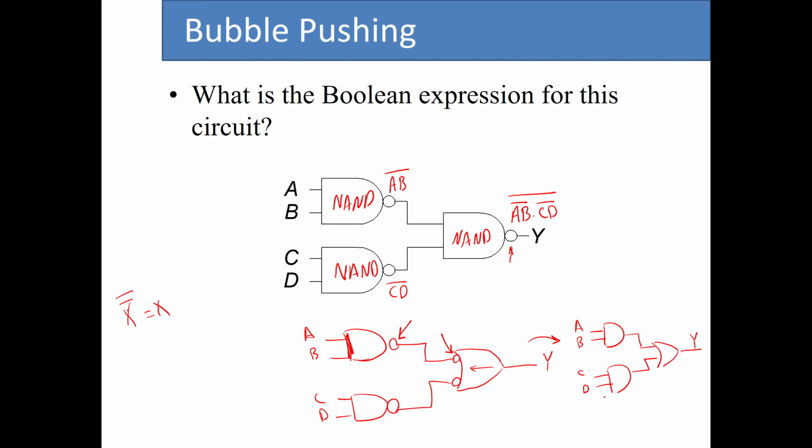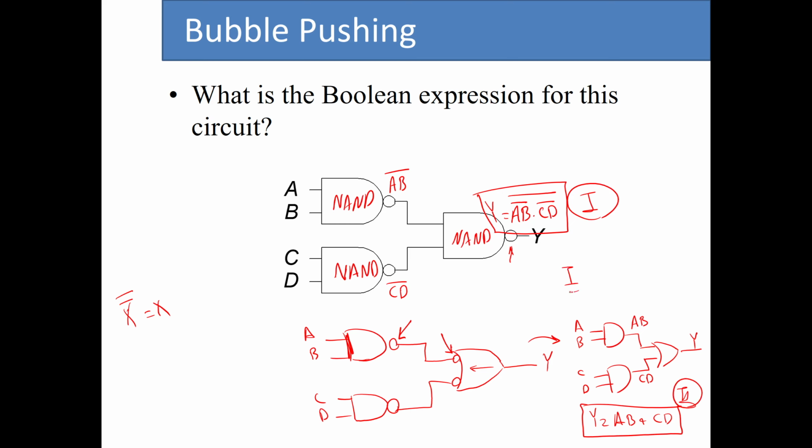Now if I write down the equation for this, Y is equal to, here is AB, here is CD, so it is AB plus CD. So this one is Y2. These two are completely equal. But this one is less convoluted.